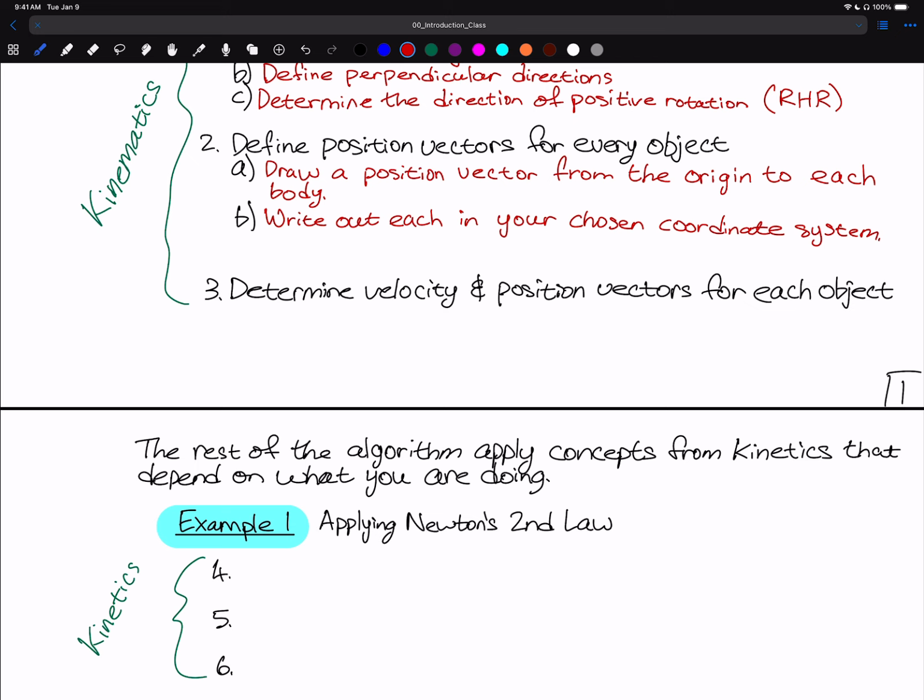This is the part where you might need to add additional dimensions in order to be able to write out that position vector. And then third, you're going to compute velocity.